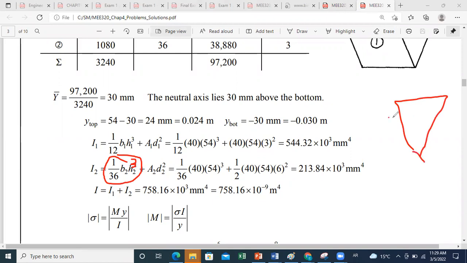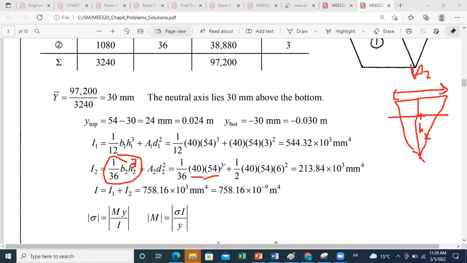This is the axis passing by its centroid. Then B2 is the distance parallel to the neutral axis. And H here is the height relative to the base. So H2. In this problem, we have that B2 is equal to 40 and H2 is equal to 54.